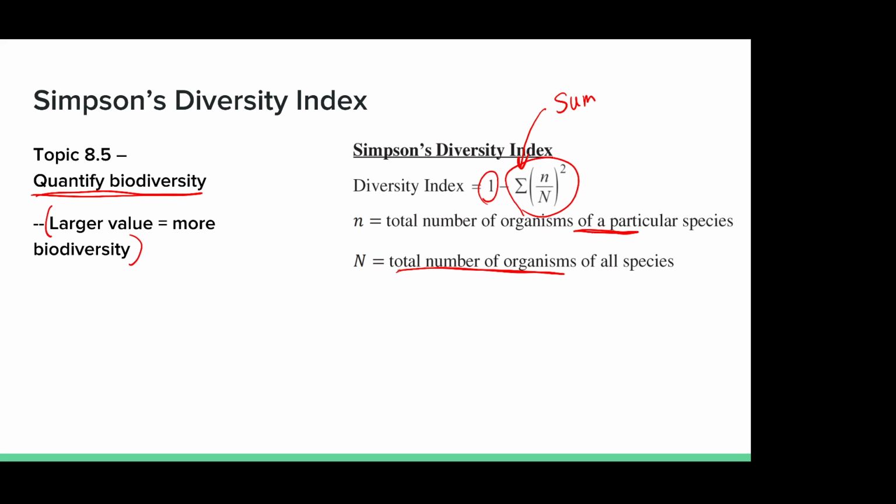So let's say that we have 10 organisms, right? So we'll go 4, 5, 6. So this one has 3 species. This other one here, let's go 2, 2, 2, 2, 2. So this one has 5 species.